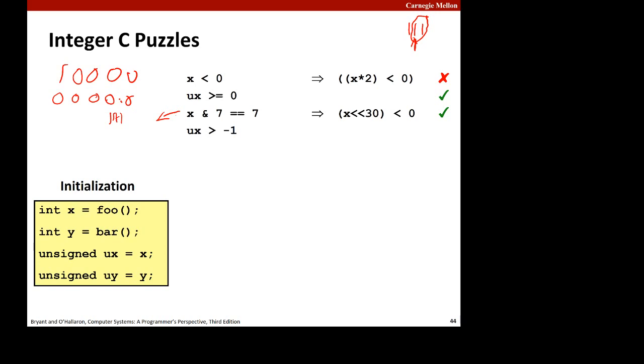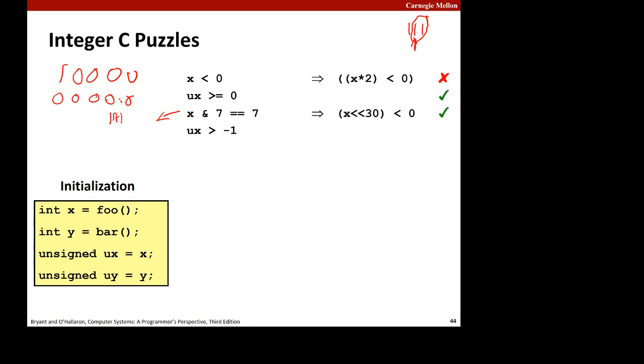That's the non-intuitive part. Tmax won't work. But you're getting closer. Remember, ux is an unsigned number. So first of all, when I do this comparison, you remember from the last lecture, what will be the comparison type? Will it be a signed comparison or an unsigned?